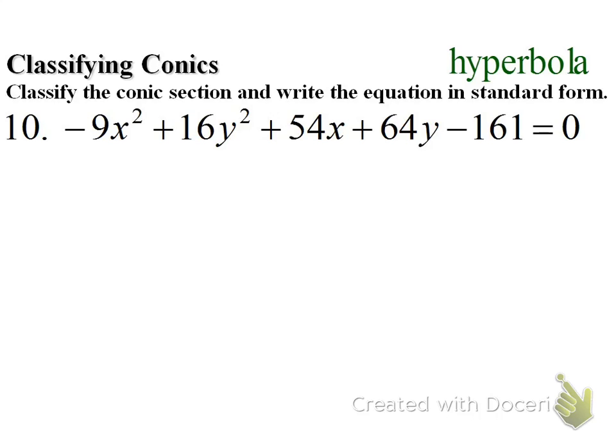Now, standard form is going to be a little tricky here. Let's start by getting our x's together and our y's together. Now, you'll notice that as I'm writing this, I did my y's in front. Does anyone know why that might make more sense for the hyperbola?